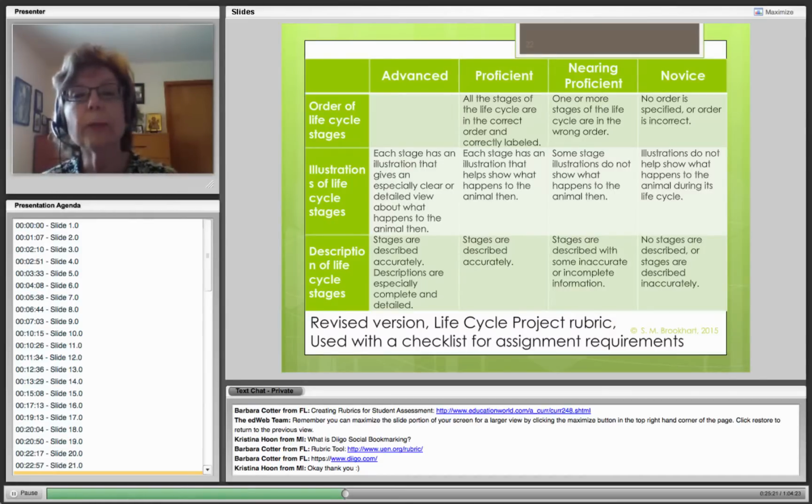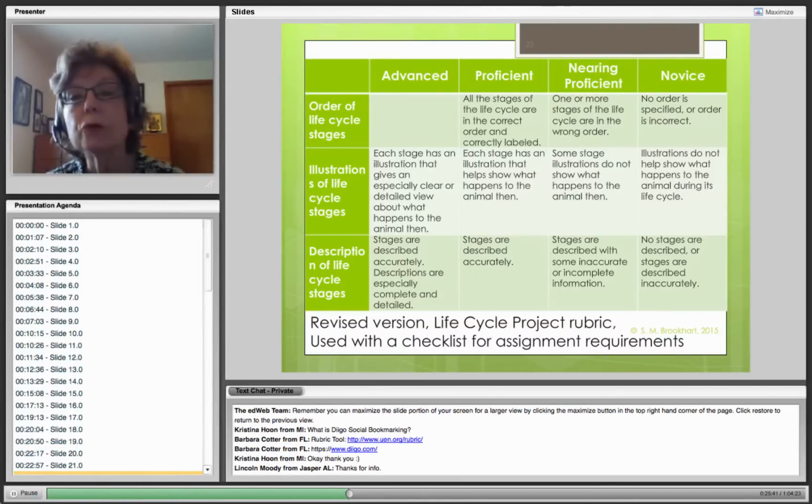If it's an exceptionally clear or detailed view, then it's advanced. Notice there is nothing advanced in the order of life cycle stages criterion, because to be proficient, you need to have them all in there, and there's not much more you can do than that. You can't make up another stage if it isn't there.